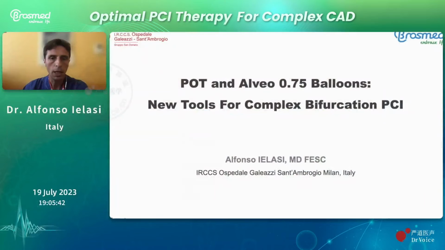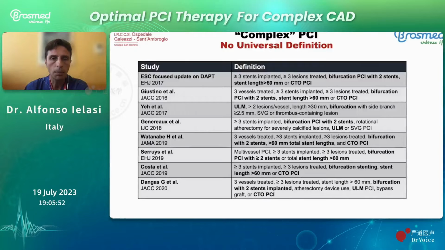Perfect. So in the next minutes, I will talk about POT and Alveo 0.75 balloons as new tools for the treatment of complex bifurcation PCI. So what does complex PCI mean? There is not a universal definition, but if we look at several studies on this topic, there are some recurrent features defining complexity.